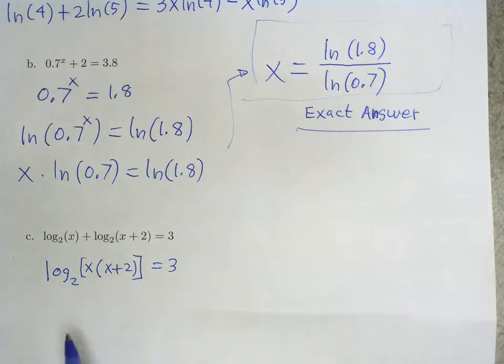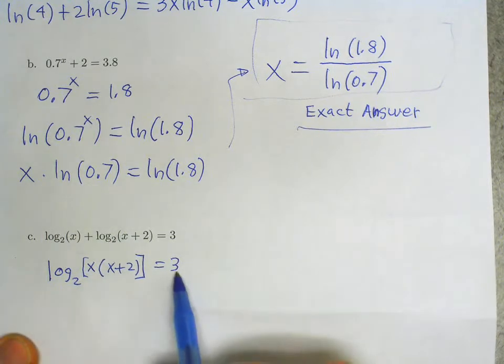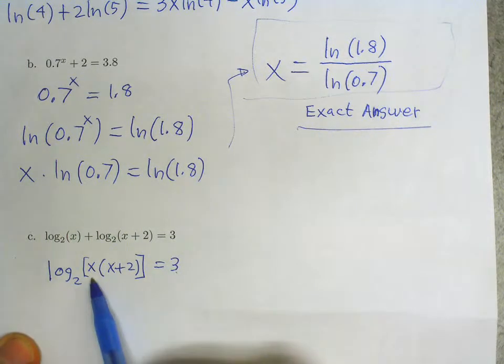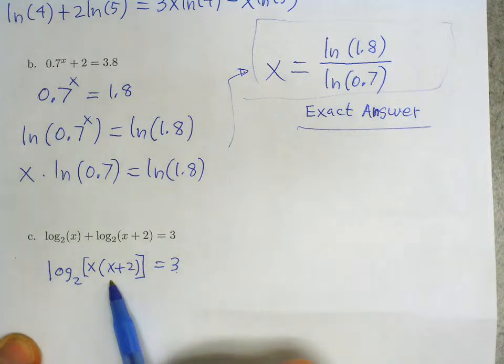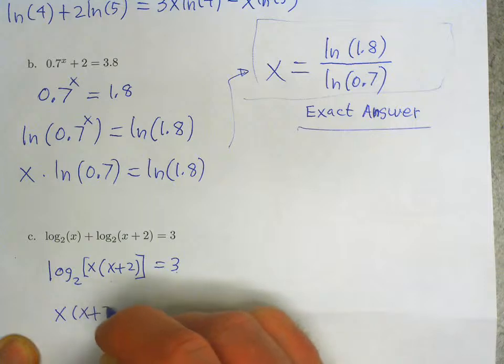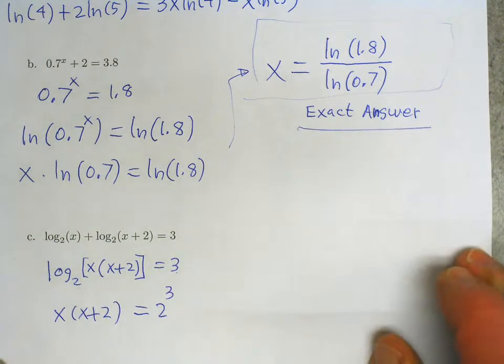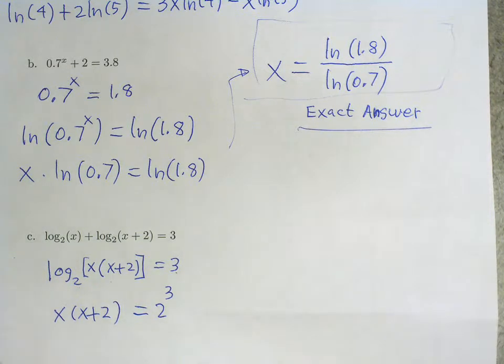Okay, now that we have a single base 2 logarithm, now we can convert this logarithmic equation to its exponential equation equivalent. The base number 2 raised to the exponent 3 equals the argument x times x plus 2. So we can write the argument x times x plus 2 equals the base number 2 raised to the exponent 3. This equation is just a quadratic equation.